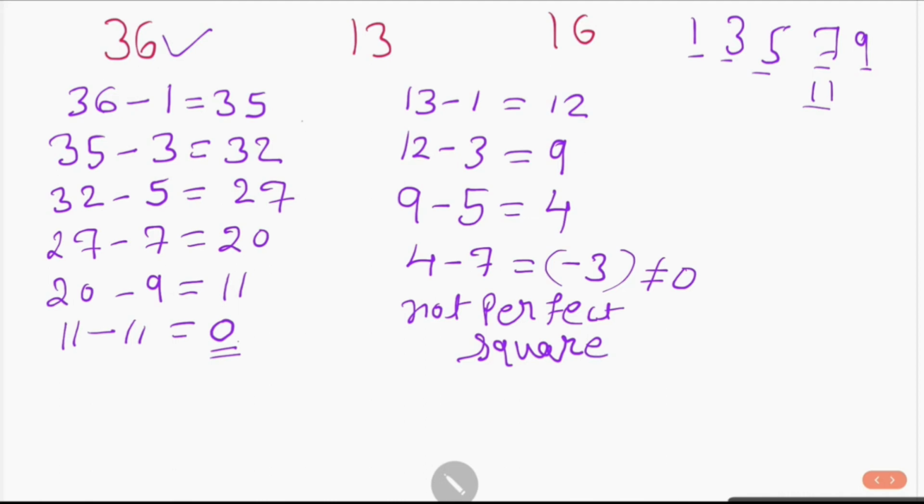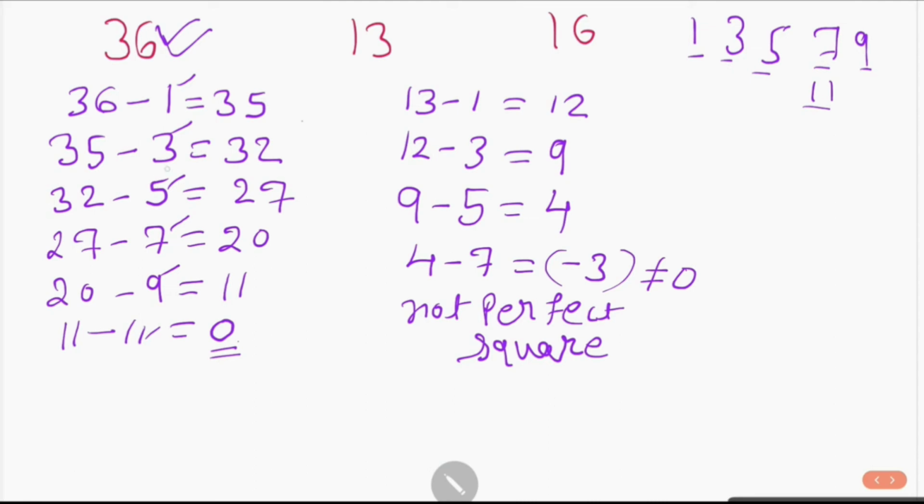And we can also check 36 and find it is a perfect square. 36 is the square of what number? 1, 2, 3, 4, 5, 6.